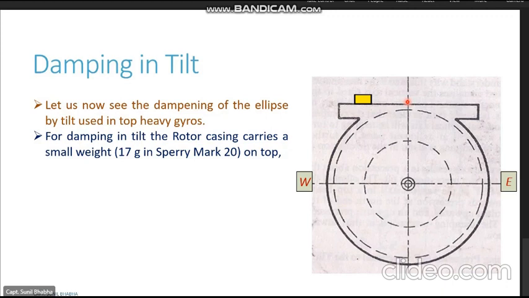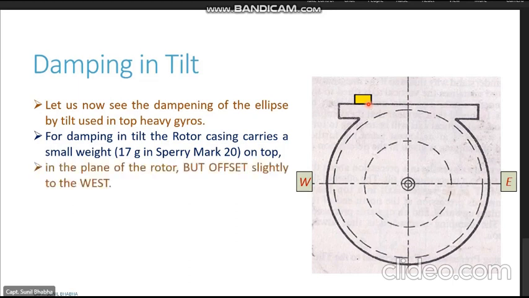In fact, that weight to be specific is about 680 grams, and this weight which we are placing now, highlighted in yellow color, is much smaller and weighs only 17 grams. So the rotor casing carries this small weight of 17 grams on top. It is exactly in the plane of the rotor, but you can see it is offset slightly to the west of the spin axis.